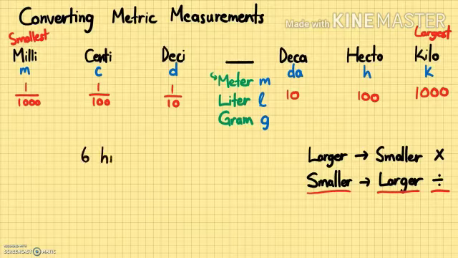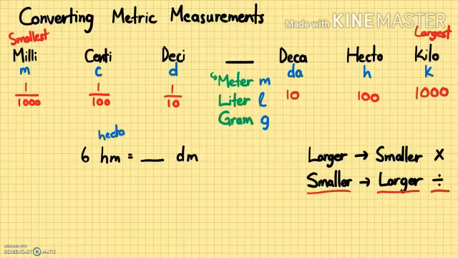Next example: 6 hectometers is equal to how many decimeters? First of all, do we need to multiply or divide? In this case, we are going from a larger unit to a smaller unit. Deci is smaller, so we need to multiply here.